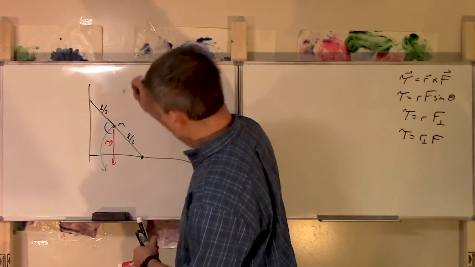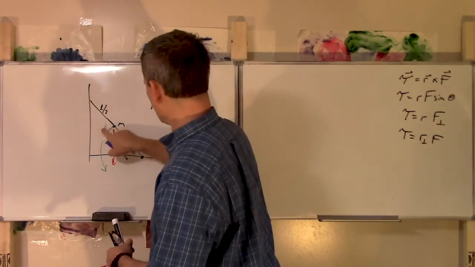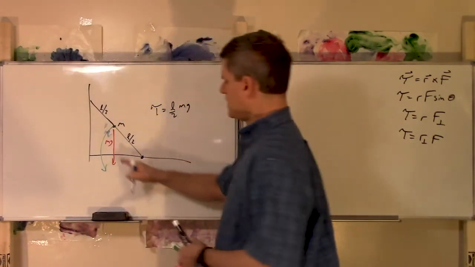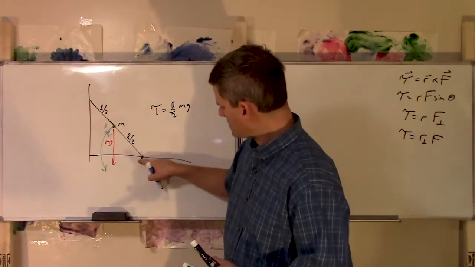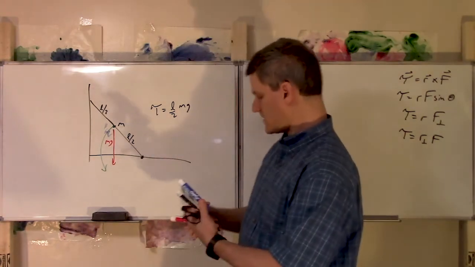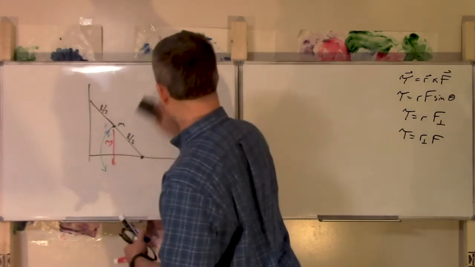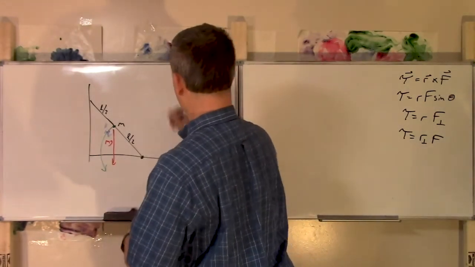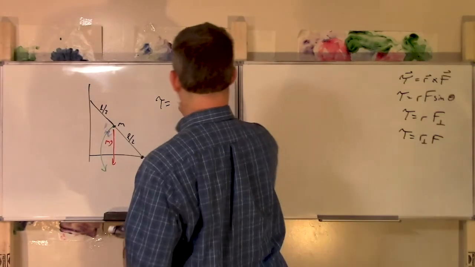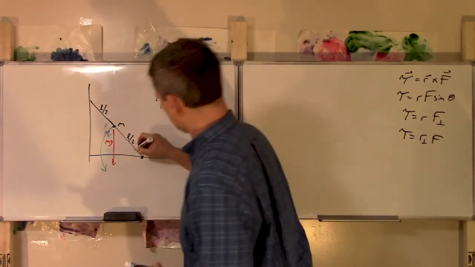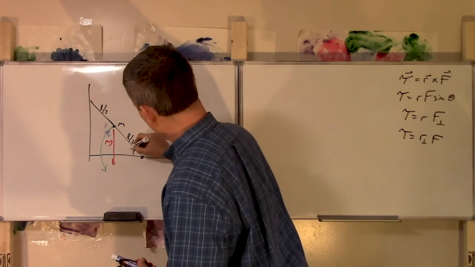So why bother with that when you could just use the lever arm approach? If you have a straight shot from here to the line of the force, might as well use that. So instead of saying L over 2 mg sine of the big angle, we can say torque equals R perpendicular F. R perpendicular is going to be this. If you happen to know this angle, that's helpful.